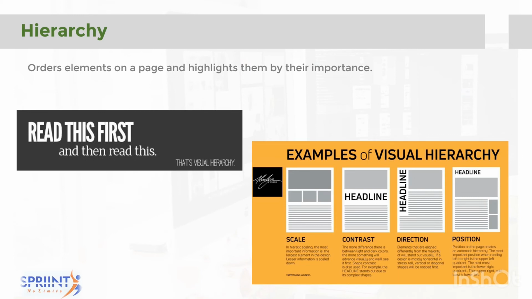Hierarchy orders elements on a page and highlights them by their importance. So with hierarchy, you could use scale to do it. Scale and proportion matter when it comes to hierarchy. You can see in the below examples of visual hierarchy how the headline is positioned.